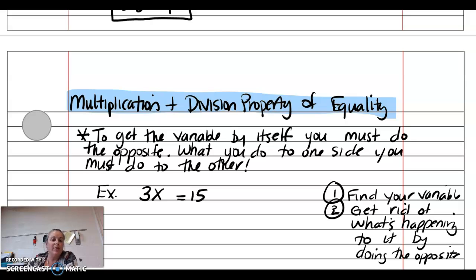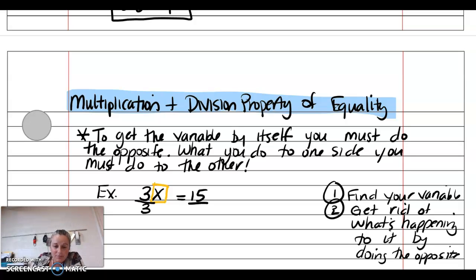All right, so I'm going to grab a color here. Here's my variable. The 3 next to the variable x means to multiply. So if I want to get rid of multiplying by 3, I have to divide by 3. So I'm going to show that by putting that as a fraction. 3 divided by 3 becomes 1.